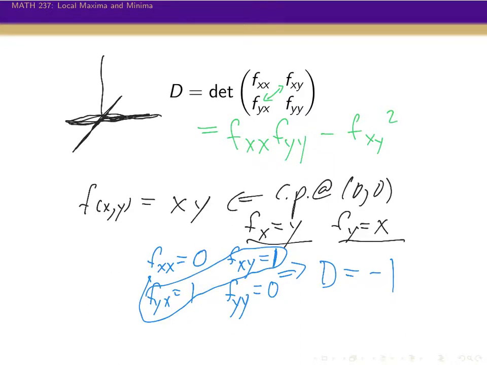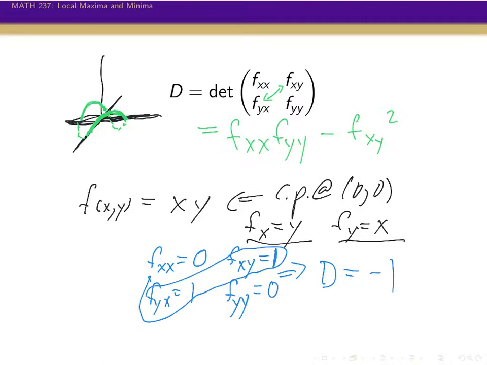And then the function goes up or down depending upon which quadrant you're in. So if you're in the first quadrant over the xy plane, it's positive, and then it'd be kind of negative in the second. Positive when x and y are both negative, and then negative on the other side.